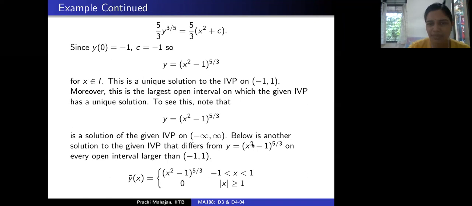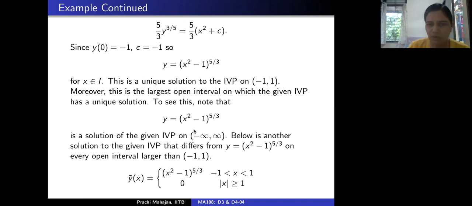For example, look at y tilde, defined as x square minus 1 to the power 5 by 3 on the open interval -1 to 1. You have no choice. Any solution of this initial value problem on the interval -1 to 1 has to look like this. That's what we have proved. Now, outside that interval, you put it to be 0. Then y tilde is a solution of this initial value problem on the interval -infinity to infinity.